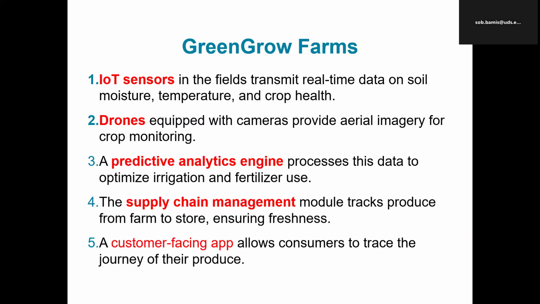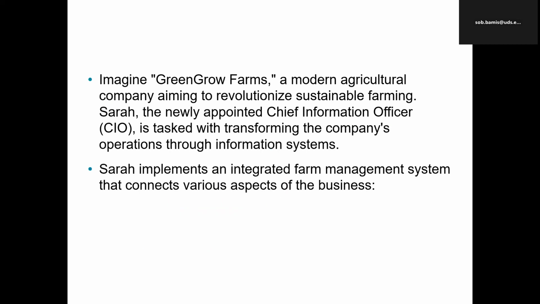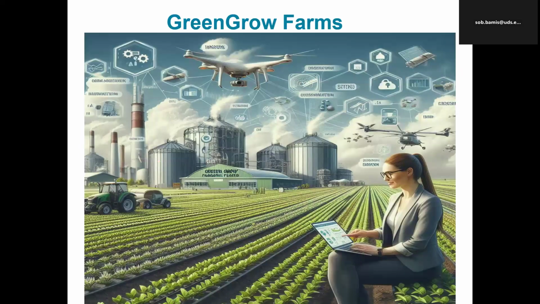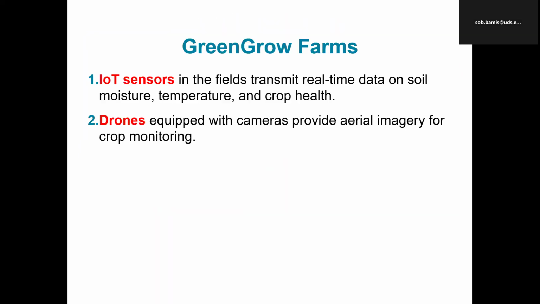First, we have IoT sensors, right? Most of the drones that you see flying around in these images have what we call IoT sensors. IoT basically means Internet of Things.